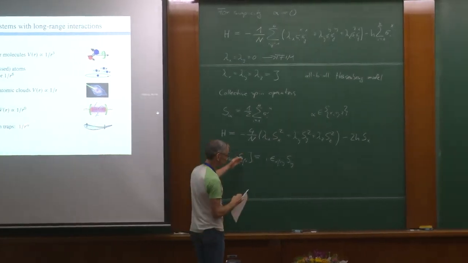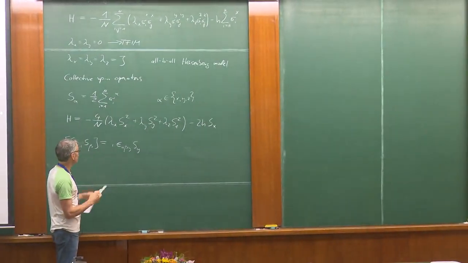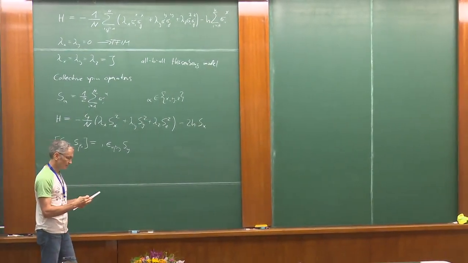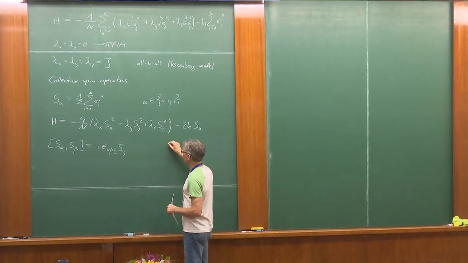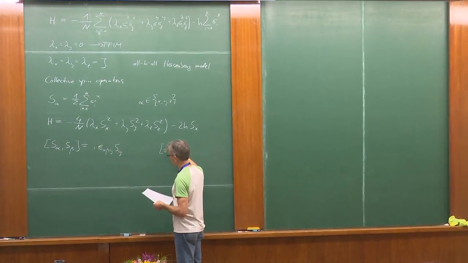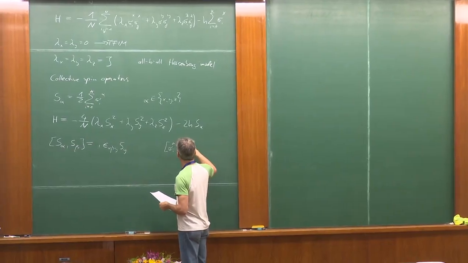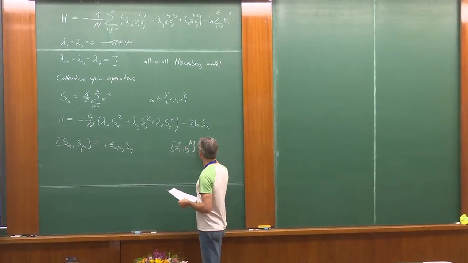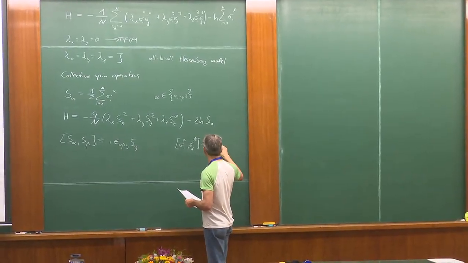And this, of course, makes my life a lot easier because I know properties of these operators, and this follows directly from the corresponding commutation relations of the Pauli matrices, which would be 2i epsilon ijk sigma k.